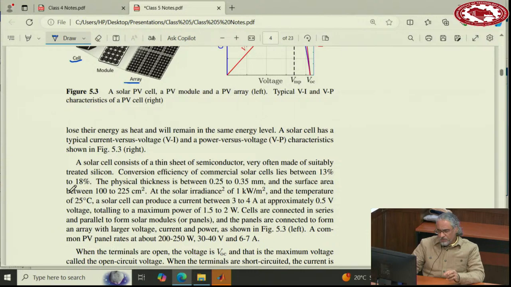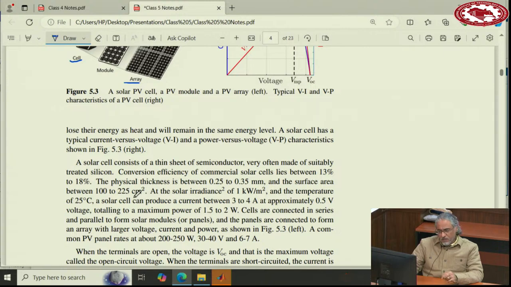For one individual solar cell, first of all, the conversion efficiency for commercial PVs, not for fancy PVs, is 13 to 18%. So out of the energy that comes from the solar rays, anywhere between 13 to 18% will be converted to electricity. The physical thickness is between 0.25 to 0.35 millimeter, and the surface area is 100 to 225 square centimeters.